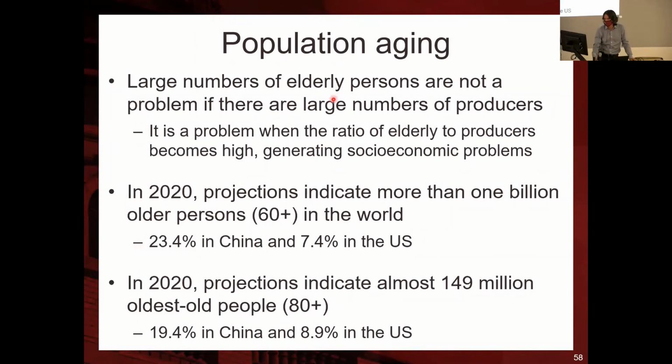Large numbers of elderly persons are not a problem if there are a large number of producers. It is a problem when the ratio of elderly to producers becomes high, generating socioeconomic problems. I told you, who are those producers? Producers are the people between 15 and 64 years of age, people in working ages. Elderly people are consumers.